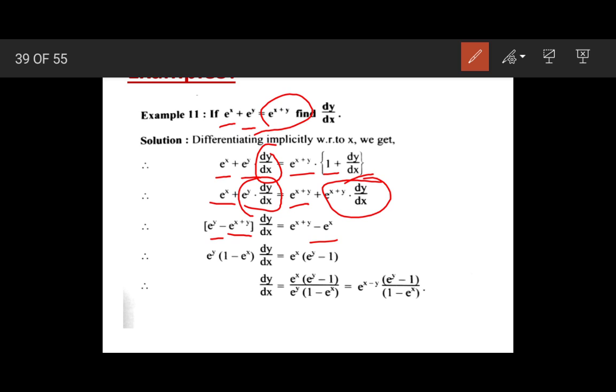Now from this we take e raised to y common, so this term is e raised to y into (1 minus e raised to x). Here we take e raised to x common, so e raised to x into (e raised to y minus 1), and finally we get dy upon dx as e raised to x into (e raised to y minus 1) upon e raised to y into (1 minus e raised to x). Okay, so either this or this form.